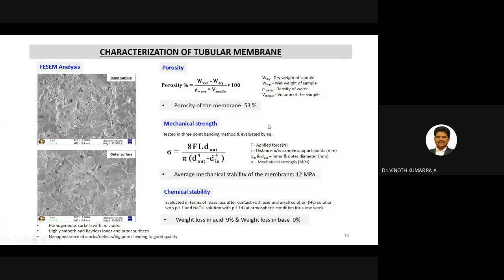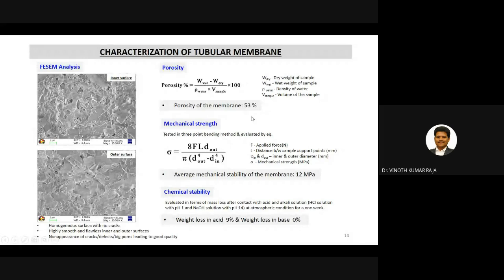W wet is the wet weight of the membrane, measured after placing it in distilled water overnight, and W dry is the dry weight of the membrane, which was dried at 120 degrees centigrade for 3 hours. After that, we measured the dry weight and the total membrane volume, and rho water is the density of the water. The average porosity of the tubular membrane was calculated as 53 percent, so the prepared membrane is highly porous.